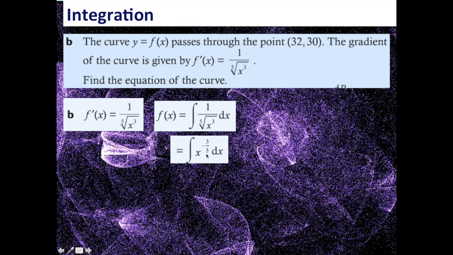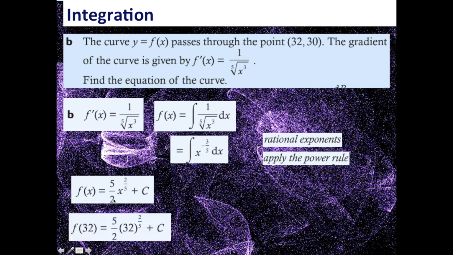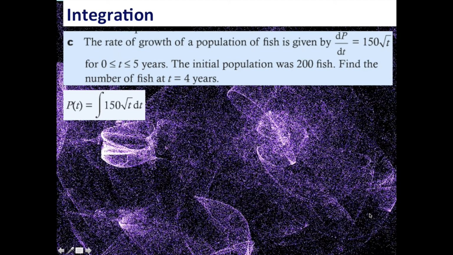So again, express this as x to the power -3/5, and then apply the power rule, and that is going to give us 5/2 x to the power 2/5 plus c. Use the information we've got here for f of 32, enabling us to solve for c, which is 20. So once we've got that, the equation of the curve, or the function f of x, is 5/2 x to the power 2/5 plus 20.